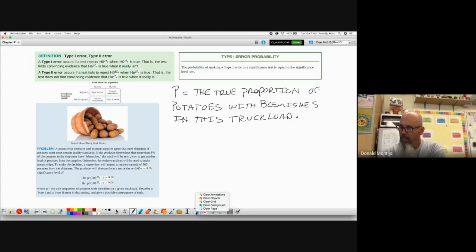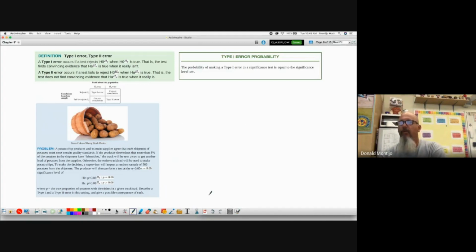Okay, so in context of this problem, what is a type 1? So what did we say about type 1 error? A type 1 error occurs when we reject the null when in fact it is true.